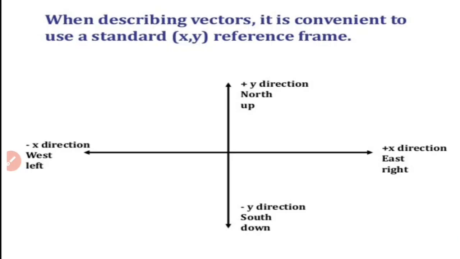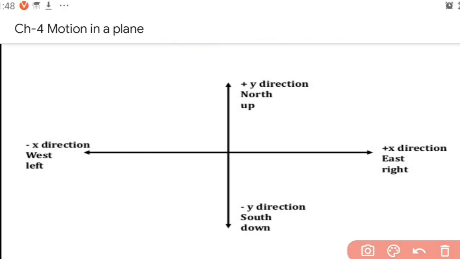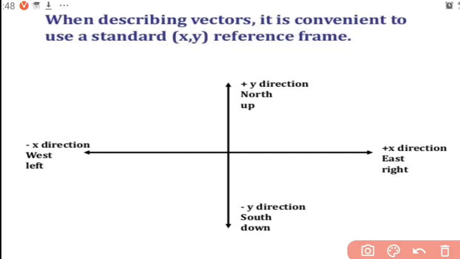While doing problems using these equations to find the direction and magnitude of the resultant, conveniently we take some standard reference directions. As given in this diagram, the north direction is taken to be positive y direction. While drawing diagrams, this is the convention we follow.